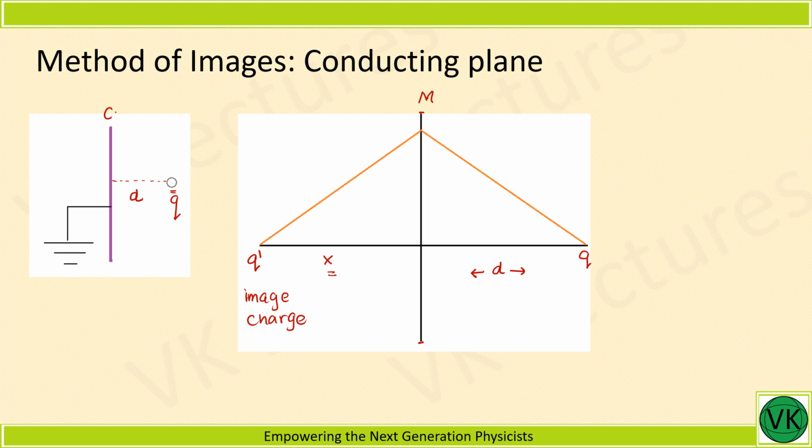Now to find that, we have to consider 2 points. Let's say for example P1 and P2, and we know that at P1 and P2 the potential is 0, because it is on the conducting plane.